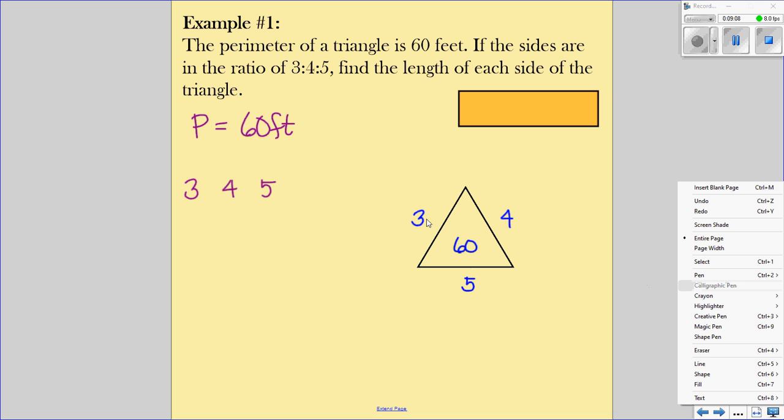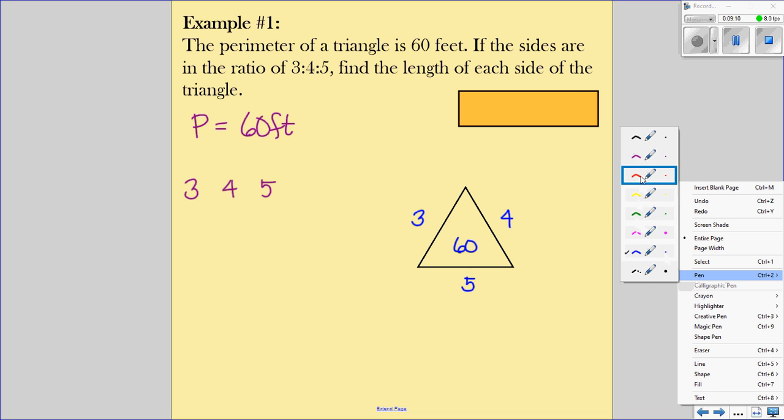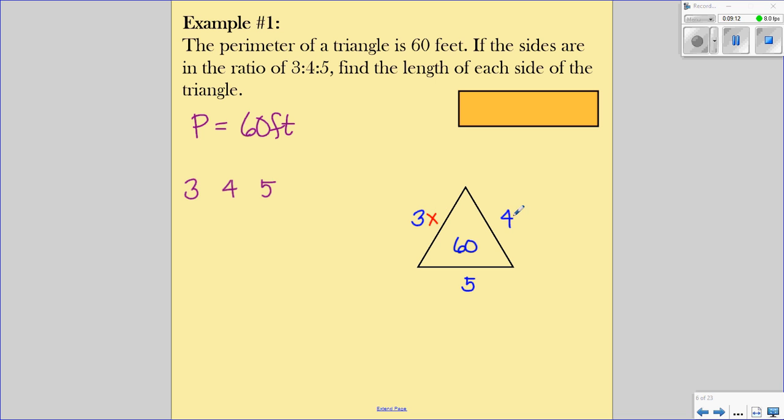That means I need to find, and I'm going to put it in red, that missing variable that I'm going to multiply to each side that will add up to 60. But it will be in ratio with this 3 to 4 to 5. So I'm going to fill in 3x, 4x, and 5x. And I'm going to add it to 60.